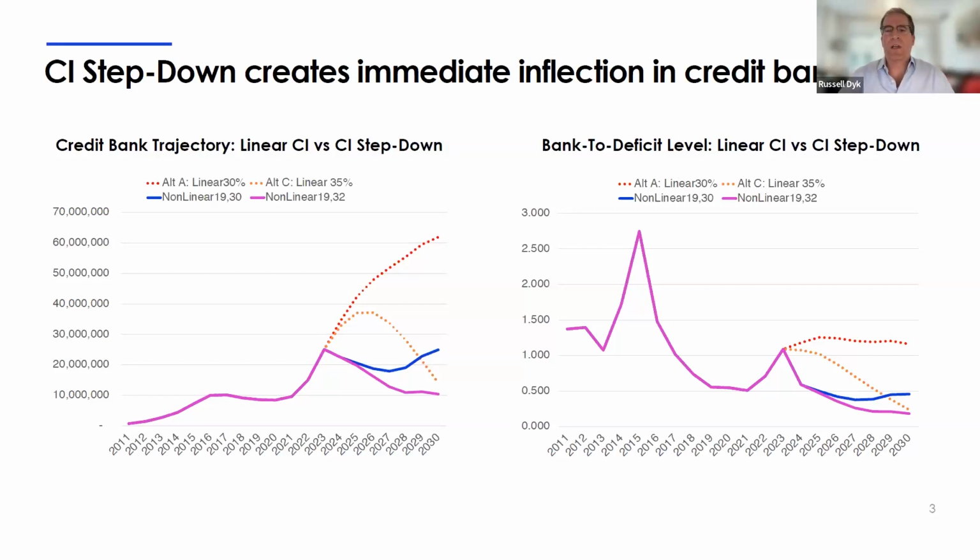The second key takeaway is that if you look at the scenario of a carbon intensity step down to 19% in 2024 on the way to 30% by 2030, you end up with a relative bank level that's very similar to the level that persisted between 2017 and 2021.